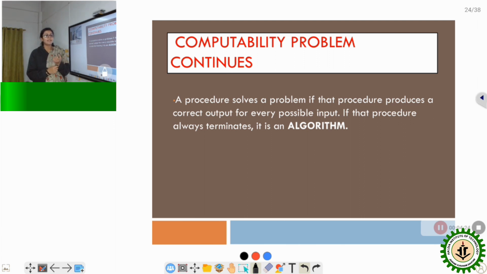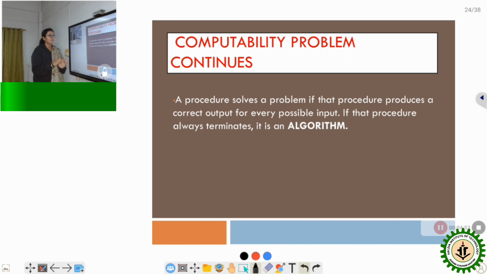What am I doing? I am doing an addition, right? Now, we can say that if my addition method gives a correct output every time, then it is an algorithm. When I do 2 plus 2 is equal to 4, fine, that is correct.